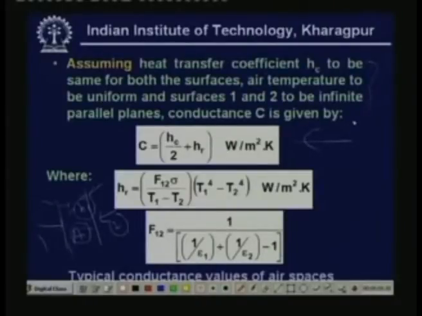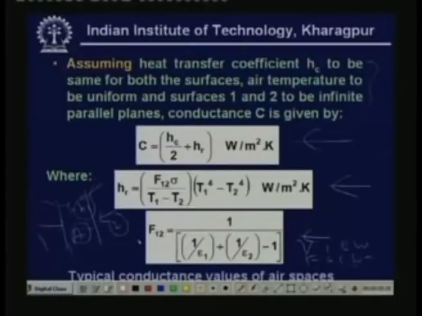The conductance value can be obtained if you know the convective heat transfer coefficient and the linearized radiative heat transfer coefficient. The linearized radiative heat transfer coefficient is given by this expression, where F subscript 1 2 is called the view factor, or configuration factor, or geometry factor. We have discussed this while discussing radiation heat transfer.